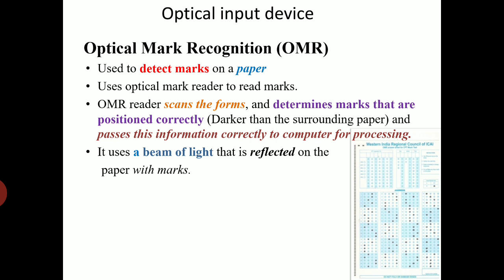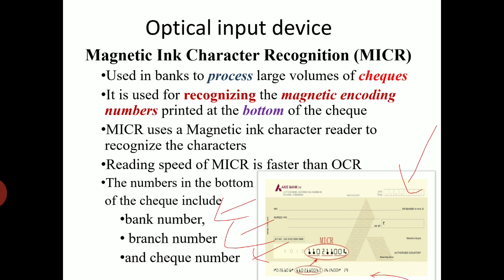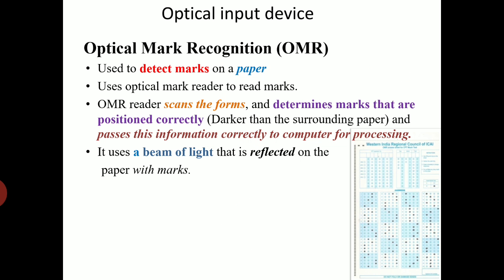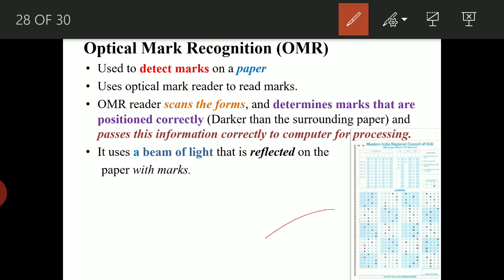OMR. So this is mainly used for examinations involving multiple choice, like OMR examination we are familiar with. Here there is specially designed paper called OMR sheet with specific columns for marking data, and this OMR reader will be reading this OMR sheet.